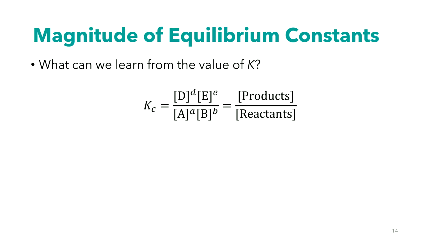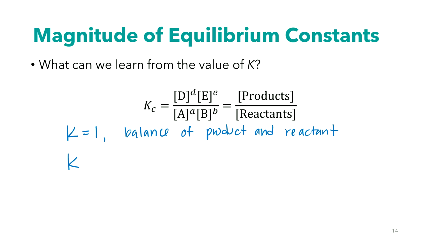So very basically, what do we learn from the value of K? If K were equal to 1, we have a balance, or equal amounts, of product and reactants. I just need you to start seeing big K values and translating that into what it means about how much product and reactant I have. If K is a lot bigger than 1, I have more products than reactants.